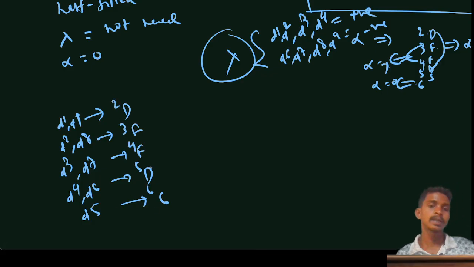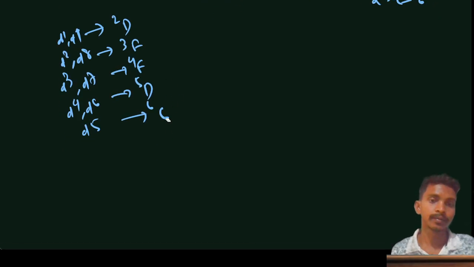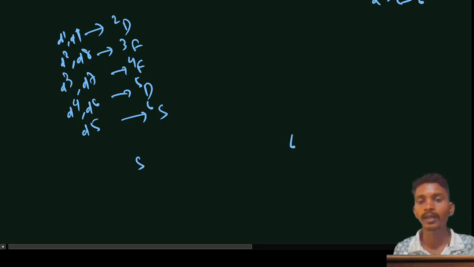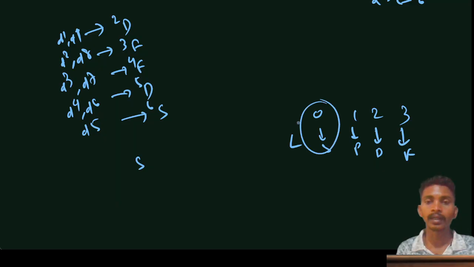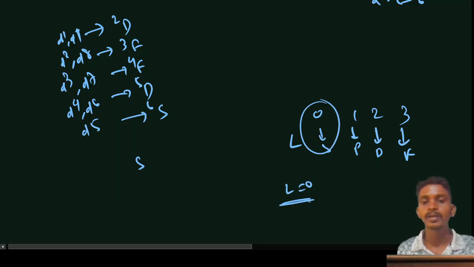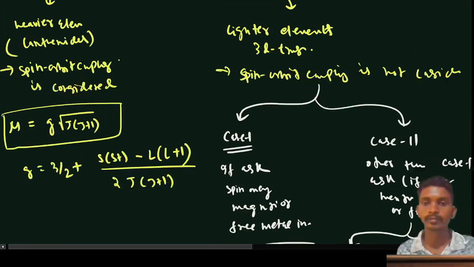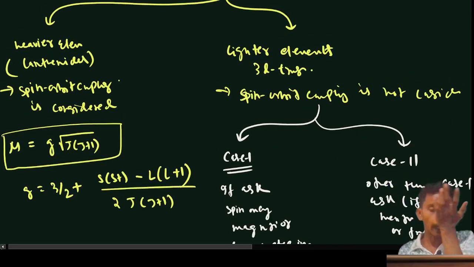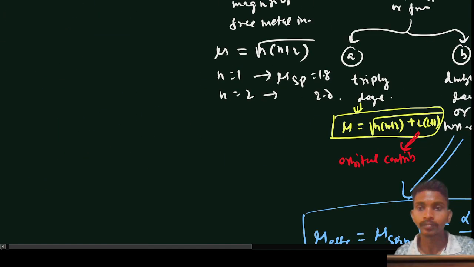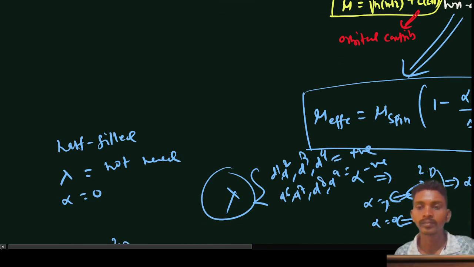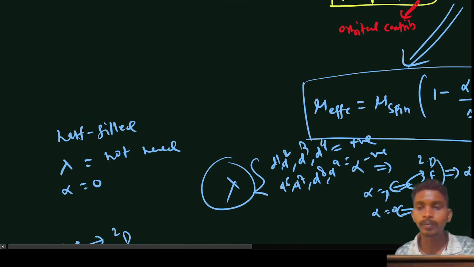So whenever this S comes, for S we know that L is 0, 1, 2, 3: this is for S, this is for P, this is for D, this is for F. So for S, L equal to 0, and for S this alpha value is 0.